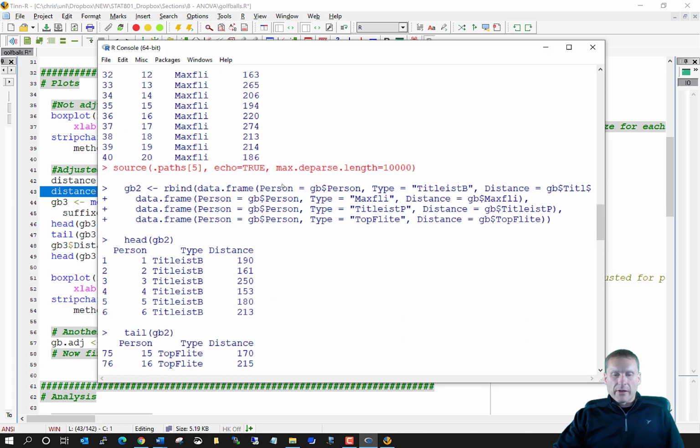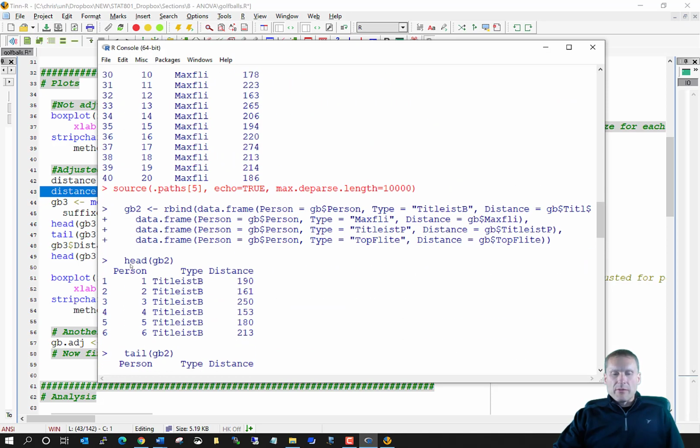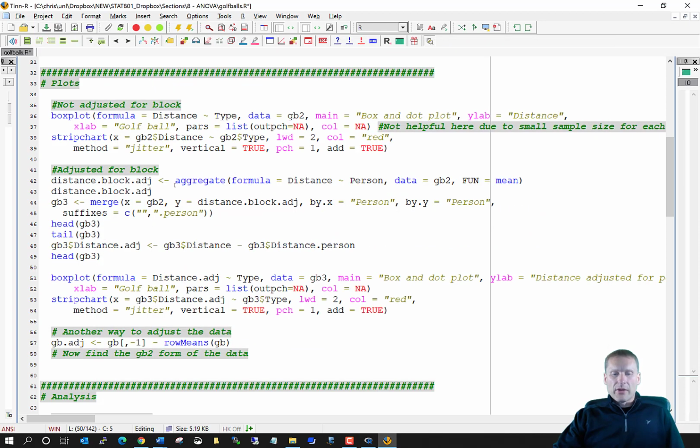Also, if I come back up here, GB2 also has the person number in there, so I want to merge by person number. So for my X argument, I want to merge by person. For my Y argument, I want to merge by person. And then I'm just going to make it pretty in the end with how I label some stuff. You can look at what happens when you don't include the suffixes argument on your own.